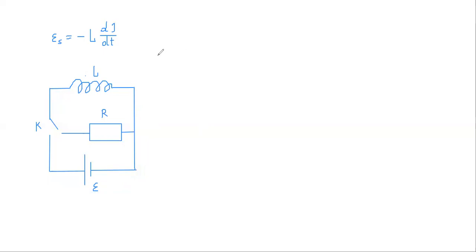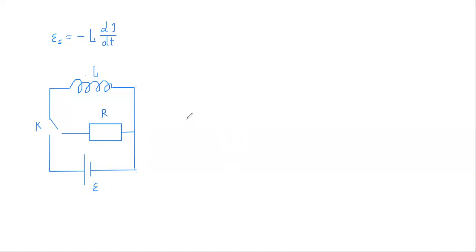Direct electric current is constant, and the derivative of a constant is 0. So when we have direct current in this part of the circuit, we don't have any electromotive force of self-induction.